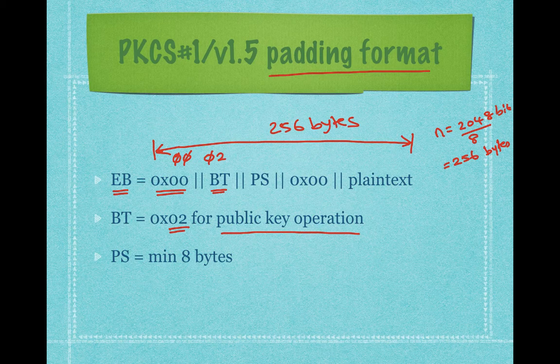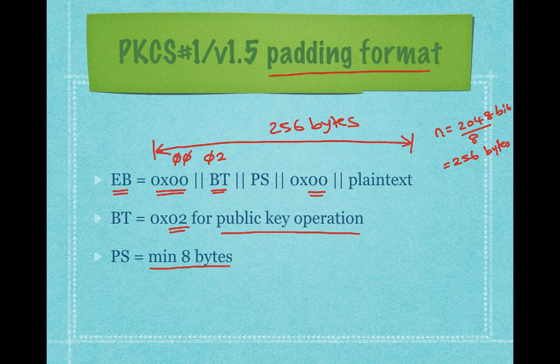Then you use a padding string. PS stands for padding string. It has to be at least a minimum of 8 bytes. You cannot use less than 8 bytes. It has to be at least a minimum of 8 bytes, followed by a 00 as a separator between the padding string and plain text.